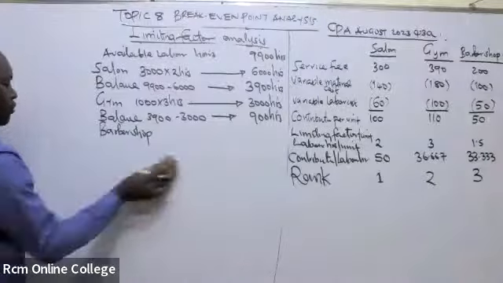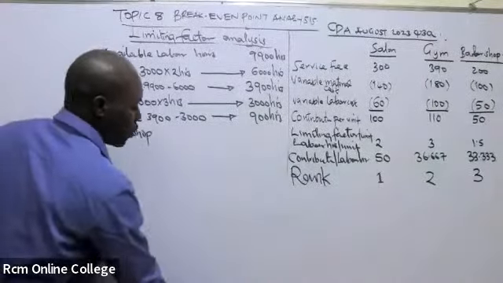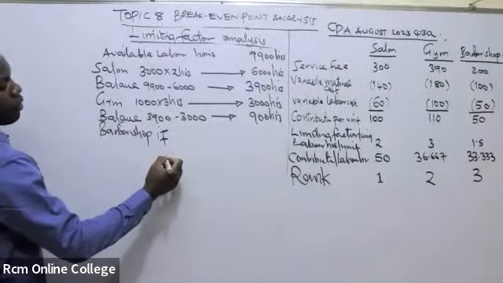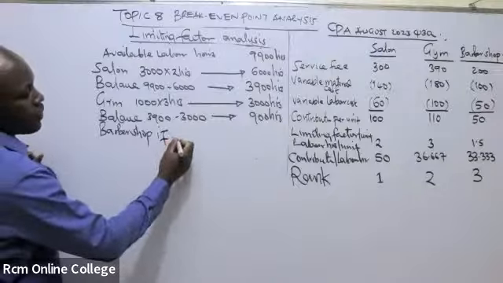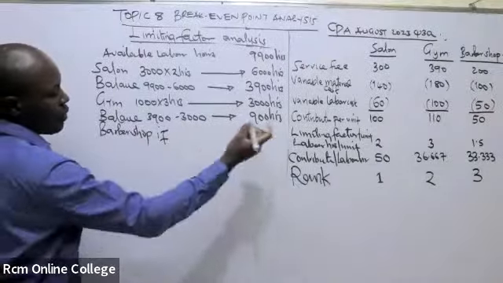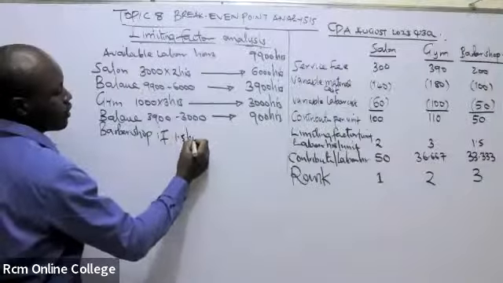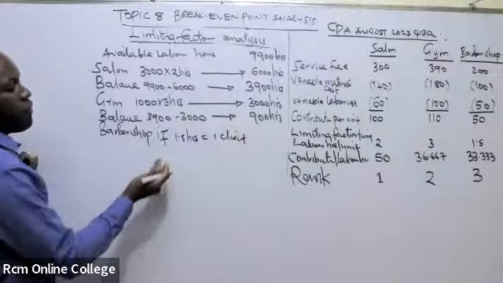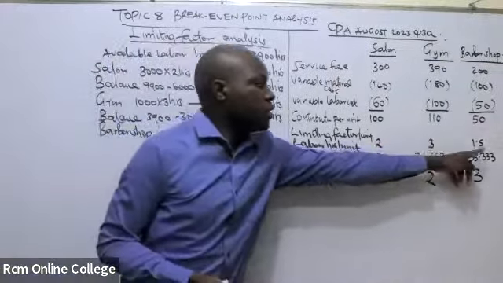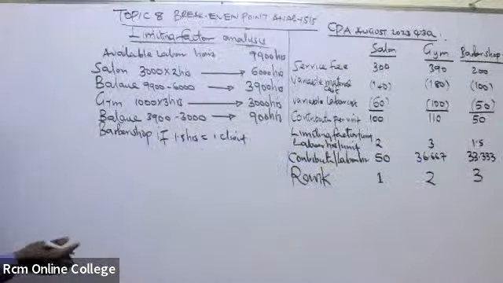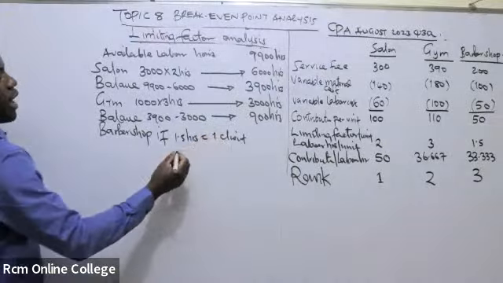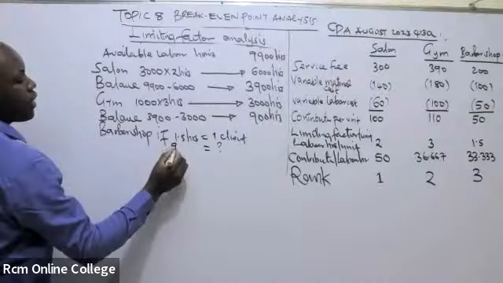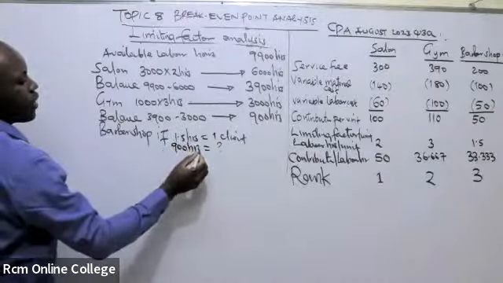So what are we going to do? Now, when you get to that point, we don't do it directly. We say if 1.5 hours is equal to 1 client, how many clients will we serve if we only have a balance of 900 hours?